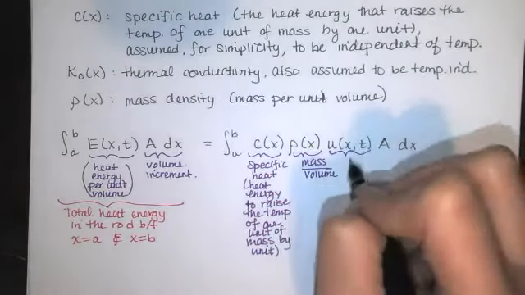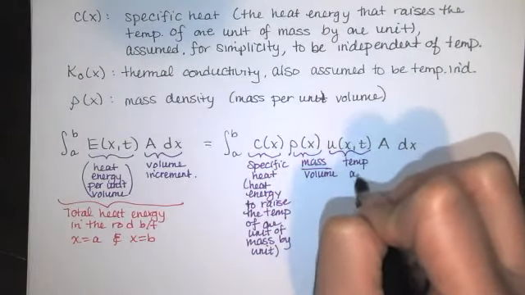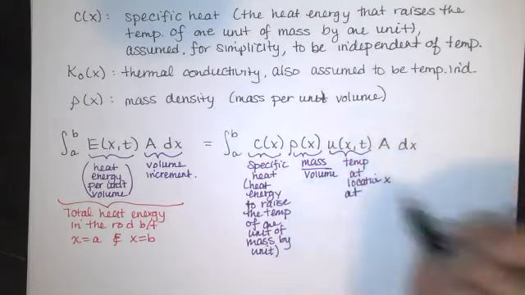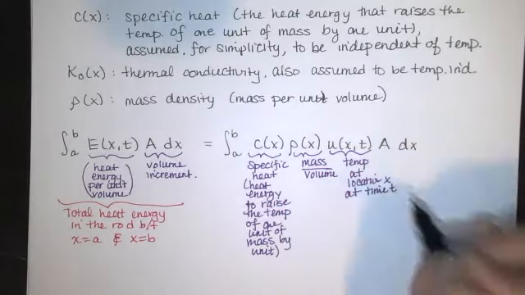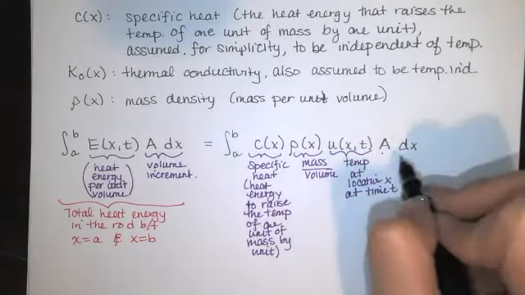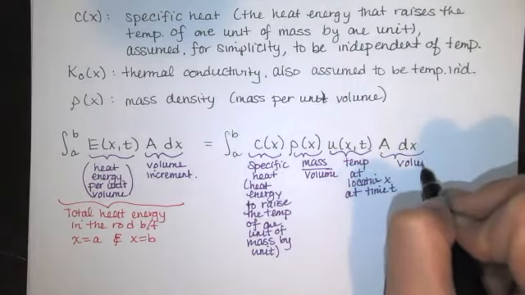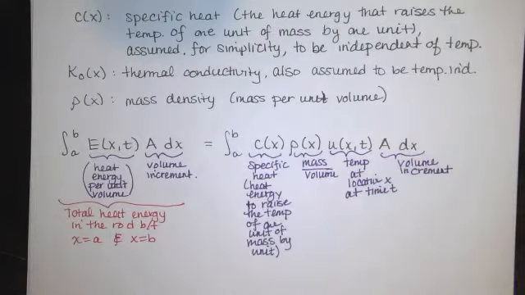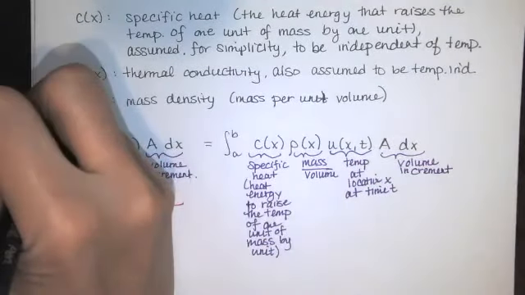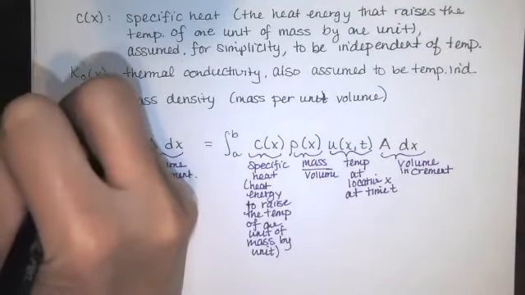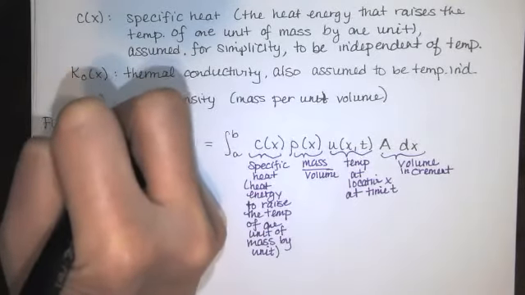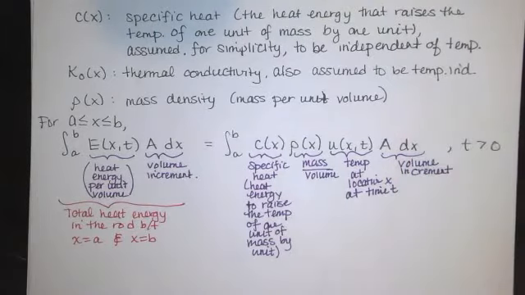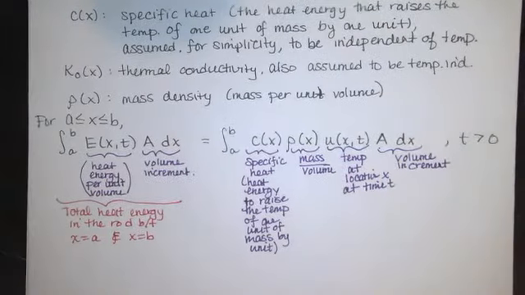This is actually temperature at location x within the rod at time t. And here's our volume increment again. And again, this is just for that part that we're interested in between x equals A and x equals B. But it's true for all t greater than 0.